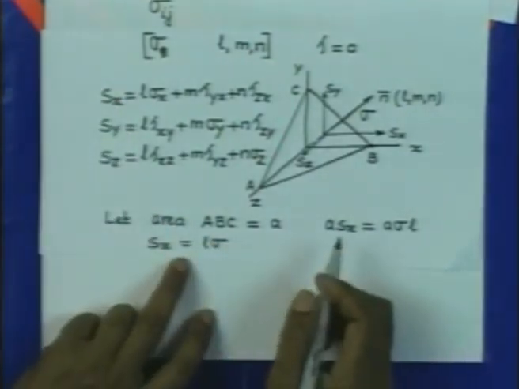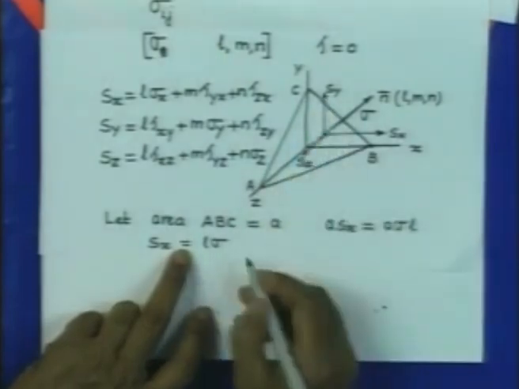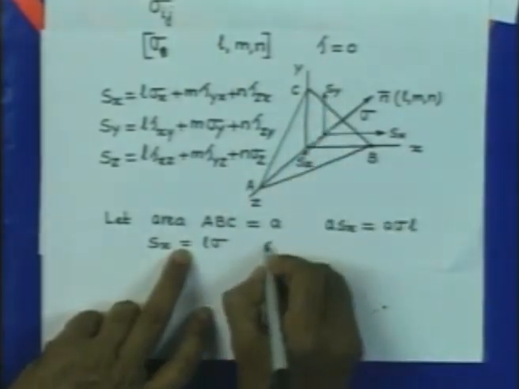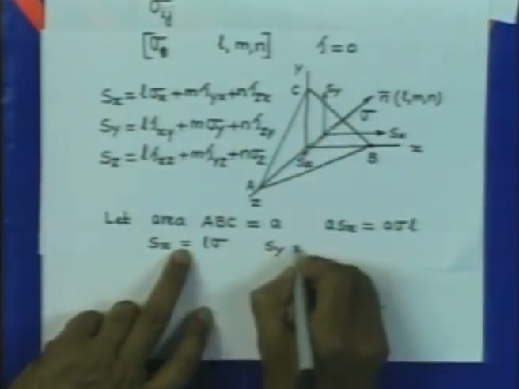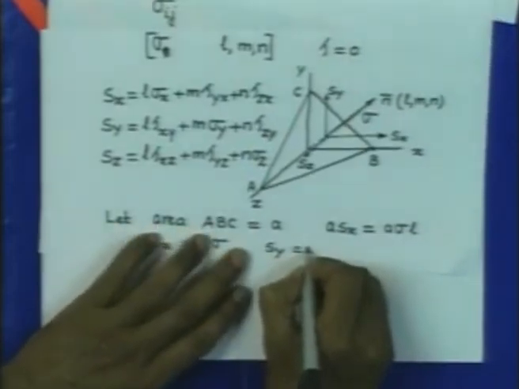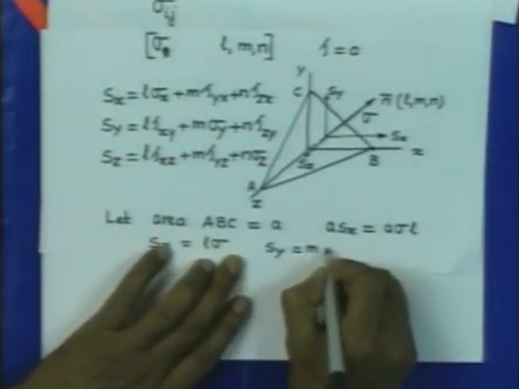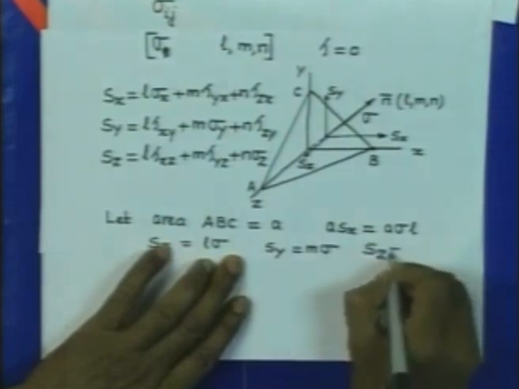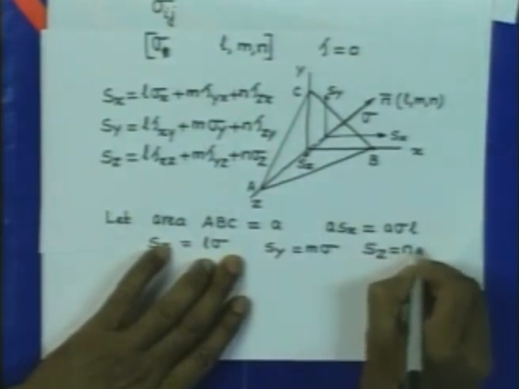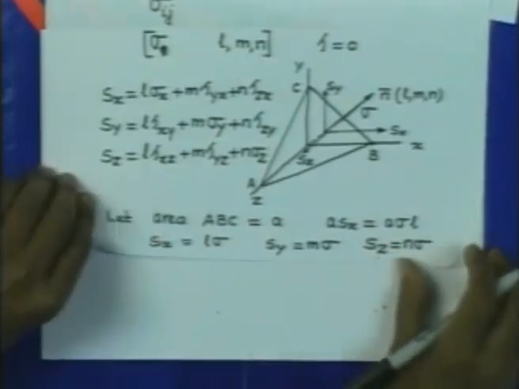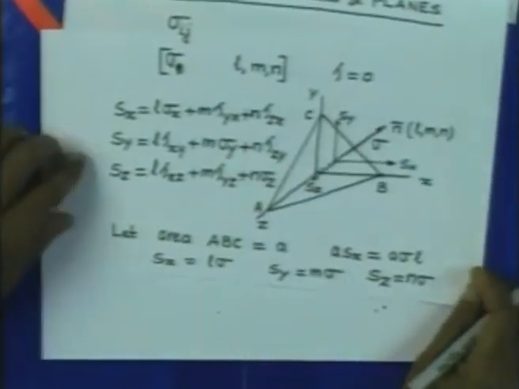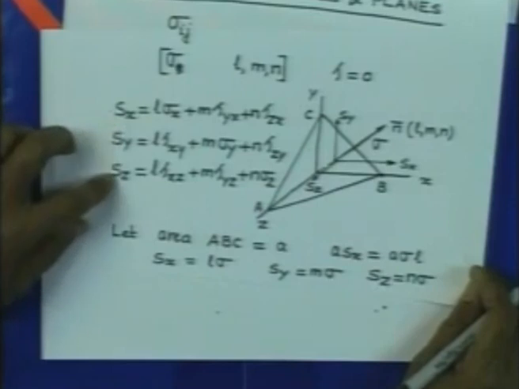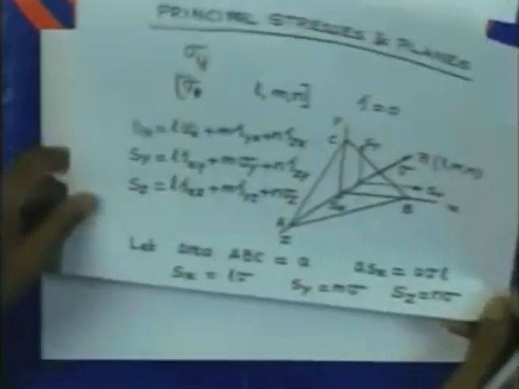So, finally, we get Sx is equal to L into sigma. Similarly, you can have consideration of force in the y direction, thereby you will find that Sy is nothing but M into sigma, and Sz is equal to N into sigma. Now, we will substitute the value of Sx, Sy, Sz in terms of sigma.